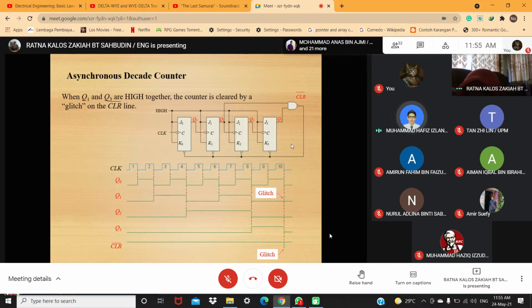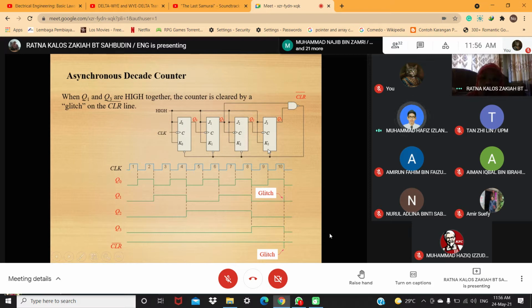Bila nak masuk 1010 ni tak boleh sebab dia kosong balik kan? Sebab dia dah ada glitch kat situ. Dia clear. Sebab bila ni low, nampak tak ni dekat ni low, dekat NAND gate ni dia low kan? Bila dia low, dia connected all to this terminal here. See? This is the clear punya terminal. Dia akan clear whatever inside here. So dia tak boleh pergi dah.